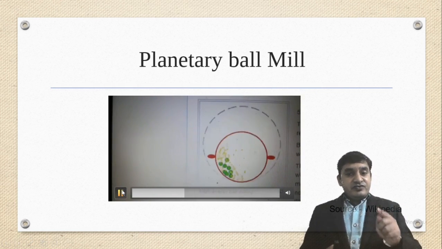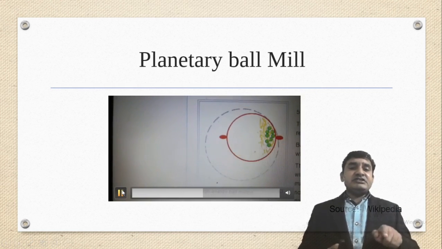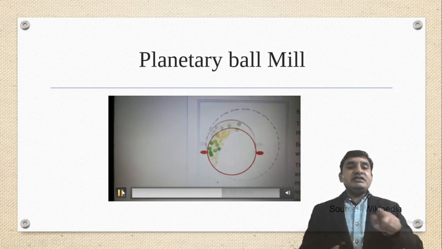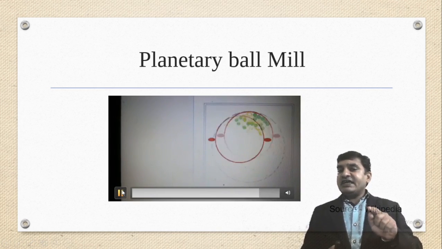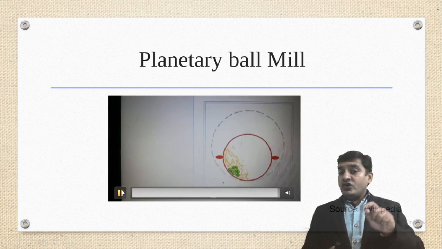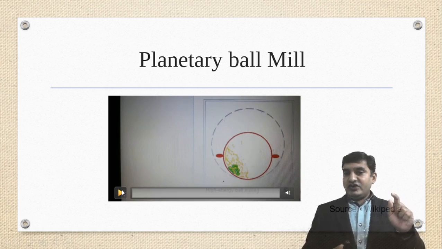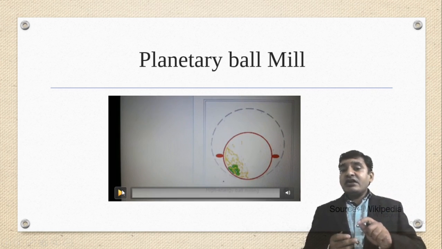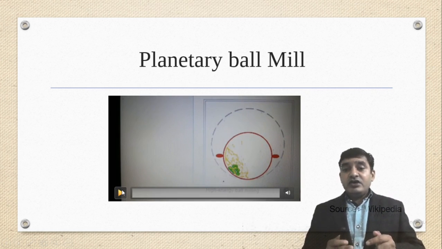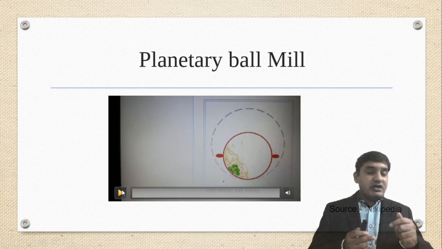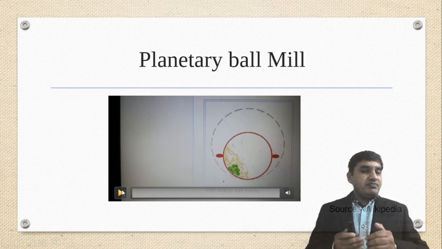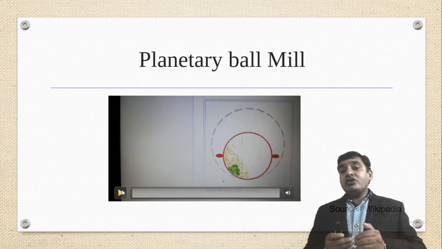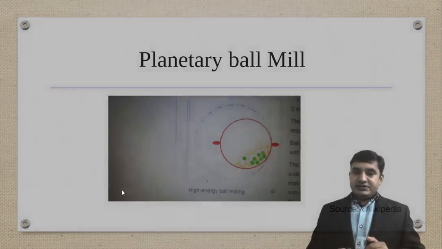When the outer cylinder is rotated, the inner cylinder is also rotated, and the balls inside the cylinders also rotate. These balls come in contact with the bulk material. Also there is crushing of the bulk material along the wall of the container.